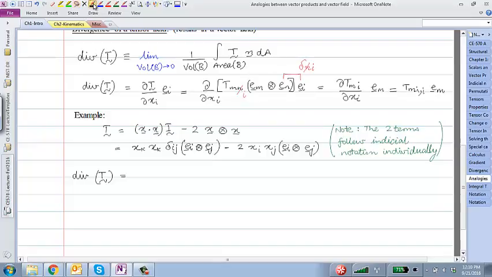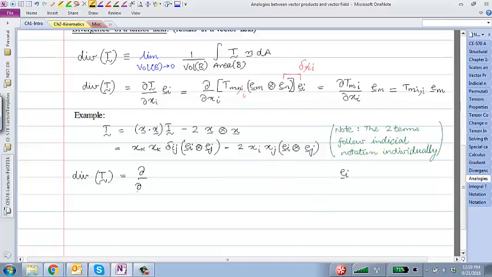Yeah, so indeed the results will be in the direction e_i, and what I'll do is I'll do T_mi comma i. So to do that, I'll use the partial derivatives, and I'll put this e_i way out here.